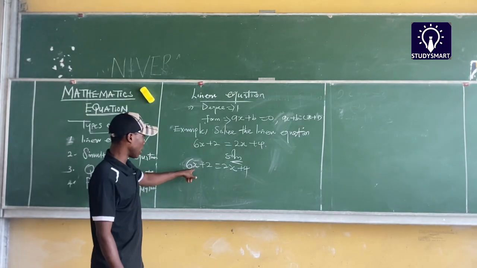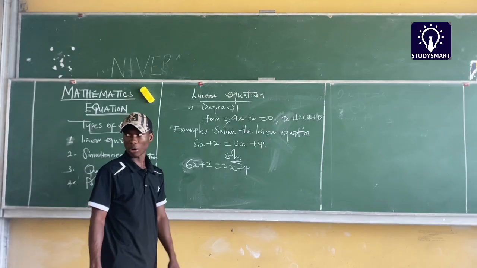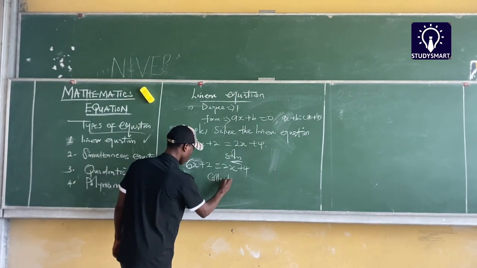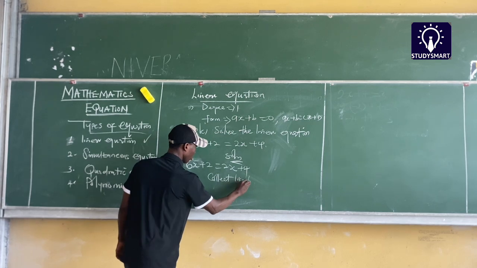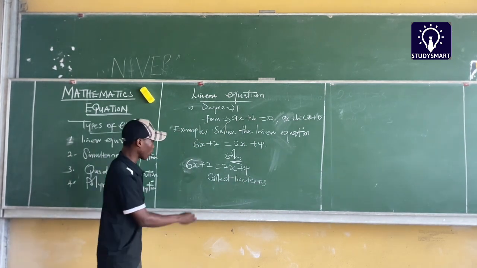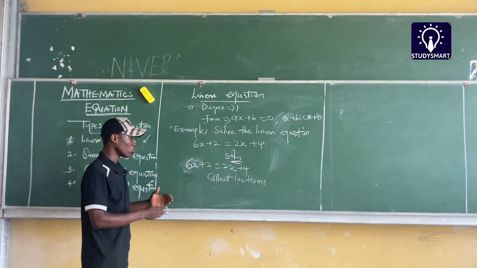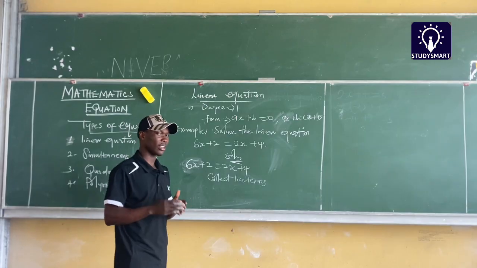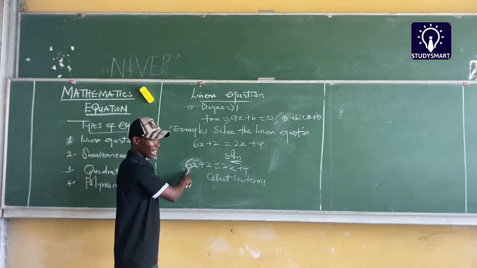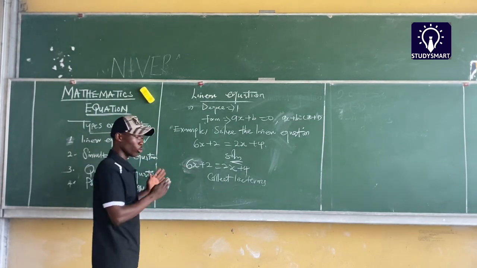If you observe very well here, we have 6x and 2x, we have 2 and we have 4. So what we are going to do now is collect like terms. If we collect like terms, we drop all the values carrying x on one side, and all the values carrying no x on the other side. 6 is carrying x, 2 is also carrying x, so I'm going to move 6x and 2x to one side.